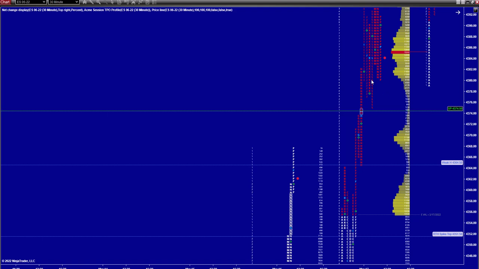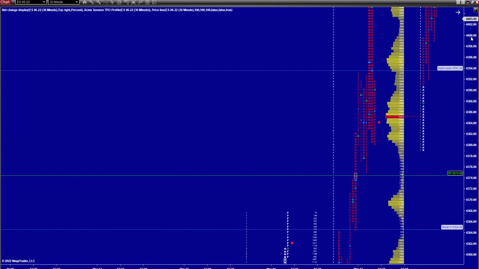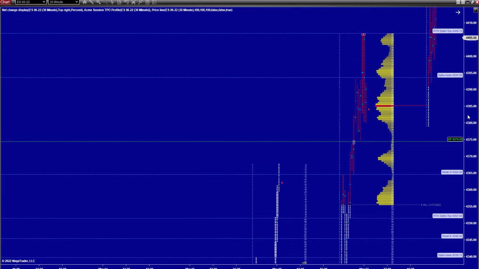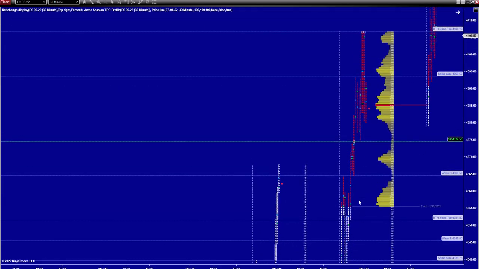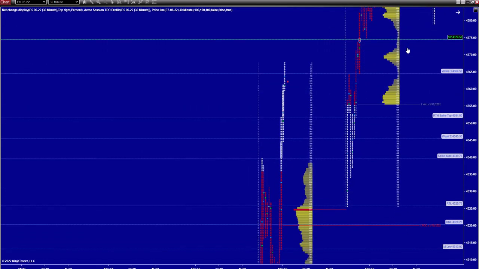But if I see some sort of resistance, I still take shorts, and I kept taking shorts, and somehow it did work. When it stopped going lower, I stopped shorting, because as we could see, the market broke out to the upper side. So here the shorts were working very well. As we could see, this was the initial balance high, price was trending lower, and then it kept going higher.